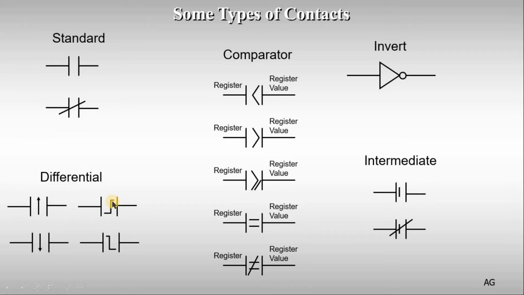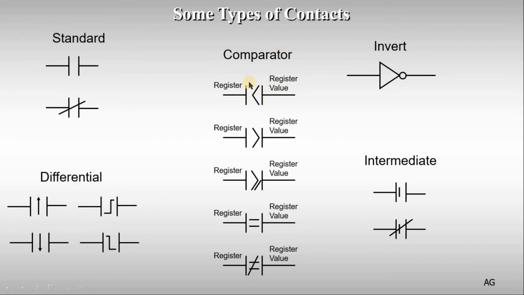So it will be on for only one scan because the second scan is already on, so it will not consider it as true. The second contact only will be true if it changes from on to off. Some software will draw it this way, some software will draw it that way.